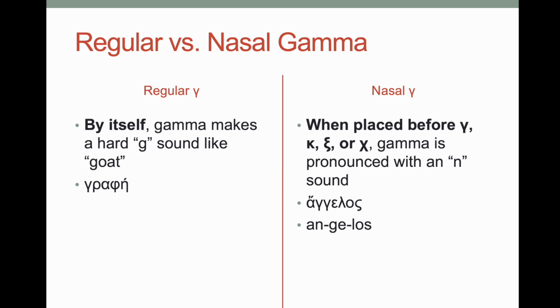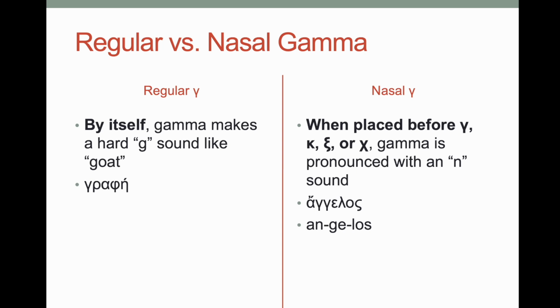The next slide tells you some differences in how we pronounce the third letter of the alphabet, which is gamma. Now, regularly, the gamma makes a hard G sound, like what you'd have in goat or give. There's the example graphe.